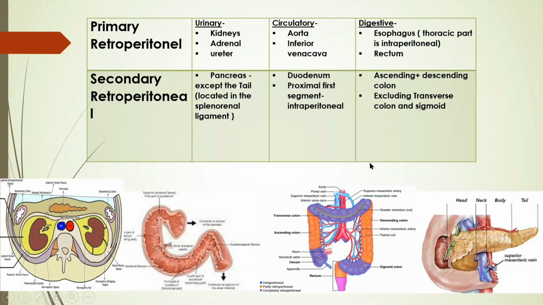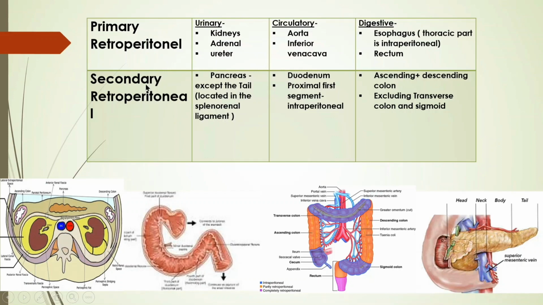Now, what structures are primary retroperitoneal and what structures are secondary retroperitoneal? Primary structures include kidneys, adrenal and ureter from the urinary part, and aorta and inferior vena cava from the circulatory part. From the previous diagram, you remember that this space is known as the perirenal space, which contains kidneys, adrenal glands which are located above the kidneys like a cap, the ureter right here, aorta, and inferior vena cava.